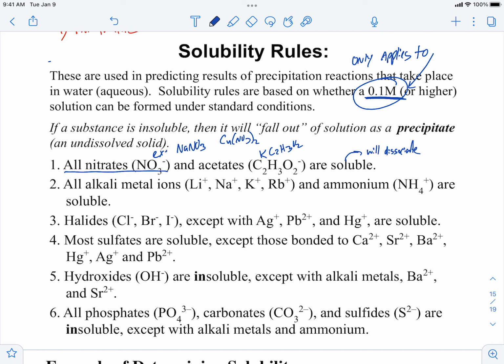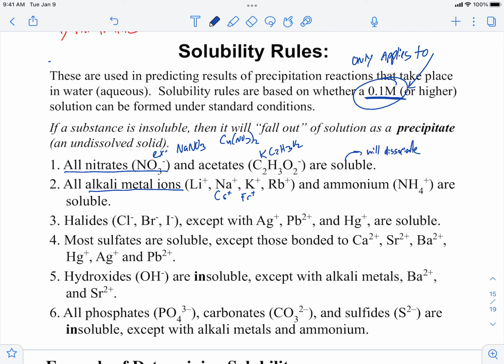The second rule pertains to alkali metal ions: lithium, sodium, potassium, rubidium. We could also include cesium and francium if we wanted to, but those are so rare that they're not commonly seen. So all alkali metal ions is the bottom line. Any compound that contains an alkali metal ion is completely soluble, and the ions will separate.